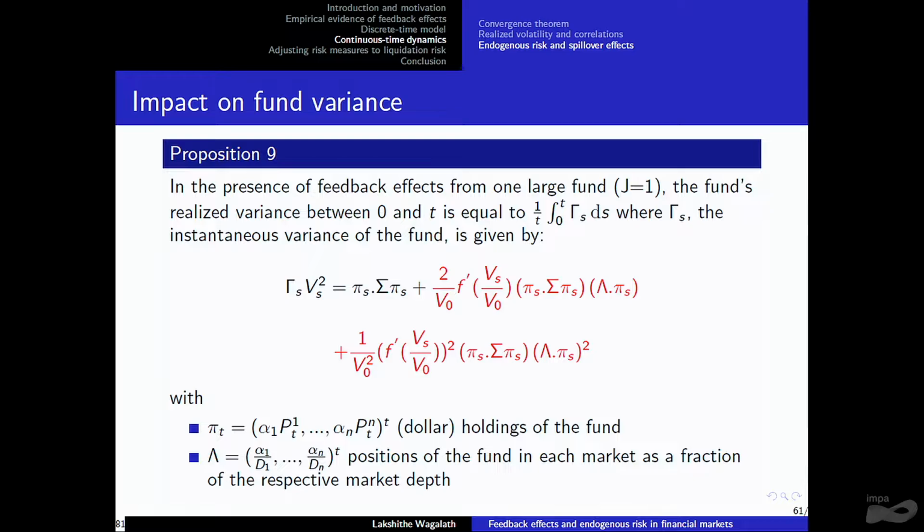That is very expected, because the fund is liquidating assets, so it's going to endogenously increase its volatility. It's not something which comes from outside, not an external impact. It's the fund itself which is generating that. So that's an endogenous risk that the fund is experiencing.